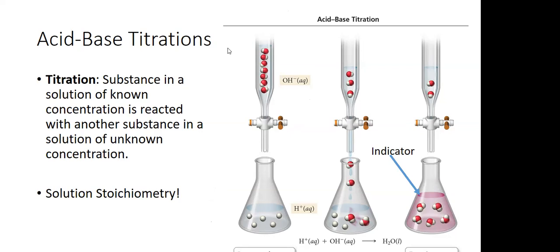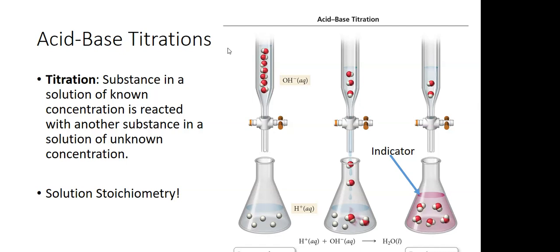The base is not the indicator, and the base is not the unknown in this example. The base is what you're adding. I know the concentration of my base, and the indicator is a third solution that you add in. And you just add in a couple of drops. And the indicator just turns pink in this case when the pH is basic.